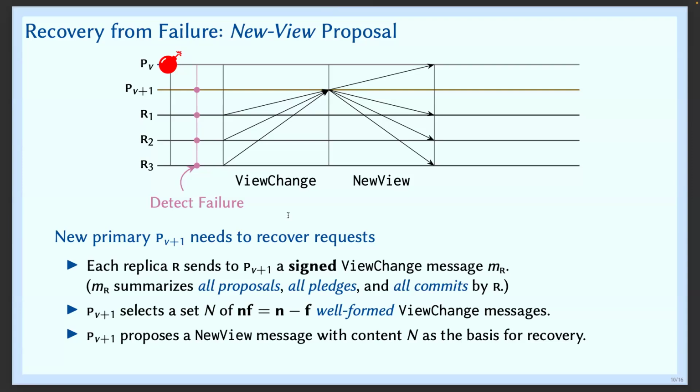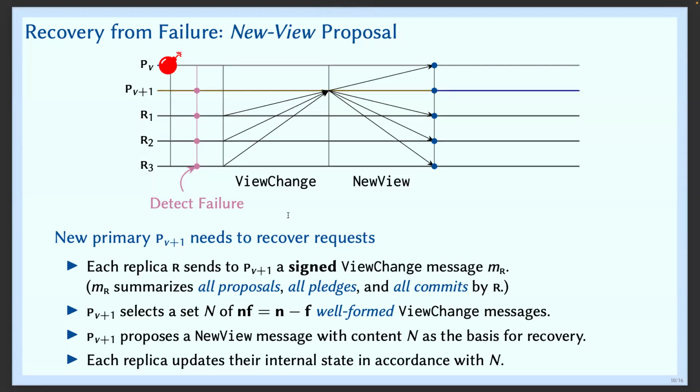Inside this new view, it also includes all the messages that were either committed or committable, meaning there is enough support that they could potentially have been committed. After that point, every replica that received this new view message will update their state, and things will progress. The new primary can now begin to make new proposals.